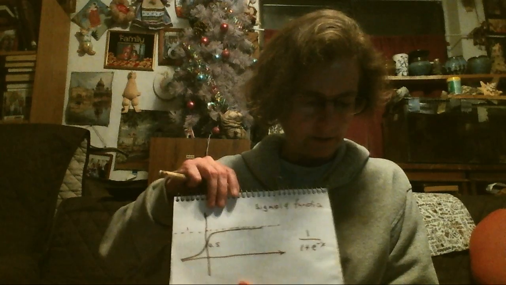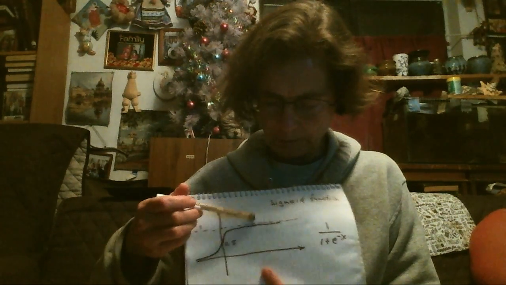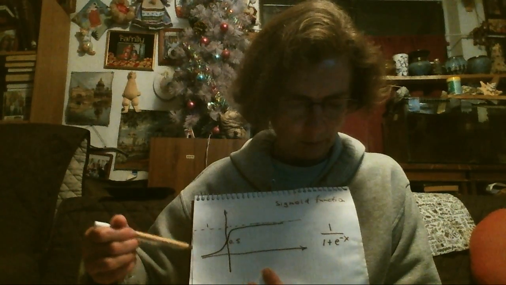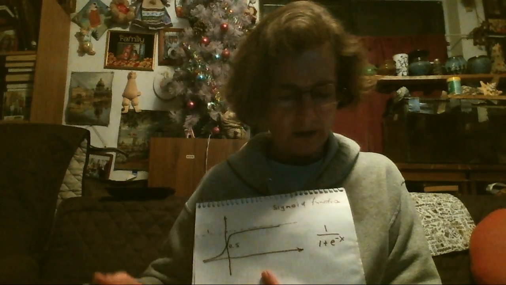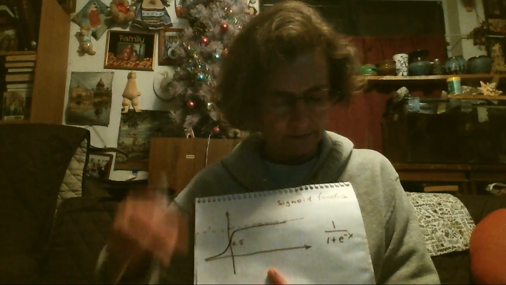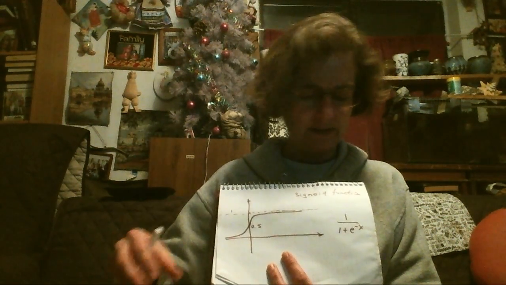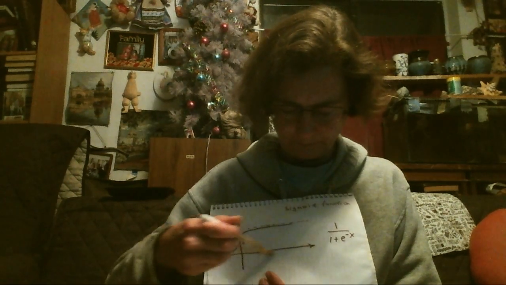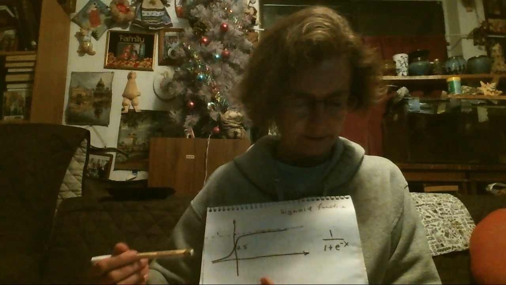So there are some problems that could come up with sigmoid function, and I want to talk about them. Basically, when we start going towards either end of sigmoid function, our values start responding less and less to changes in our axis.